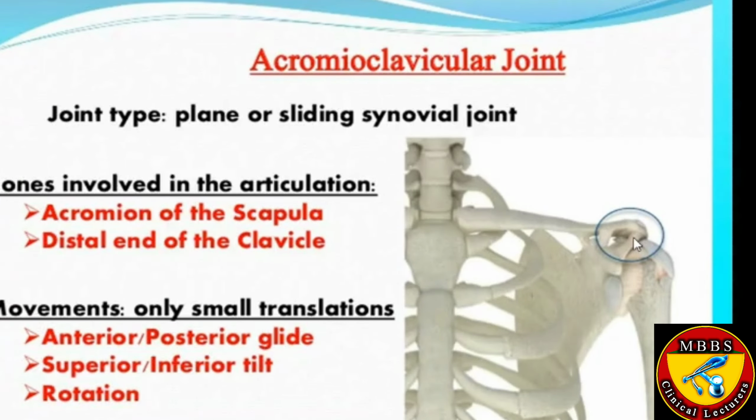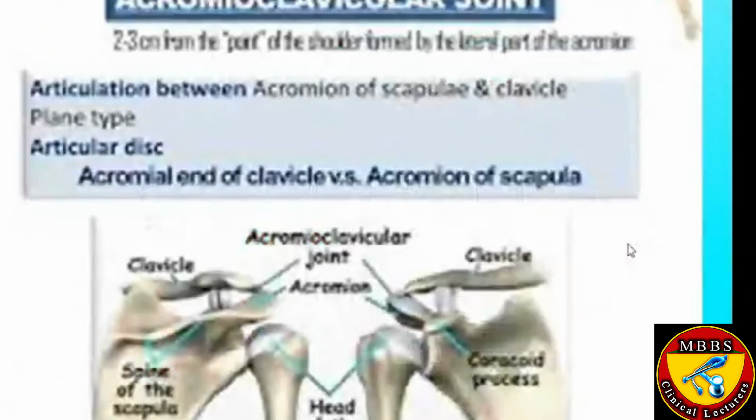The type of this joint is a plane or sliding type of synovial joint, and the articulating bones will be the acromion end of the scapula and the distal end of the clavicle. The movements will only be simple because this is a plane type of joint. So only gliding movements, that is the anterior and posterior gliding movements, the superior and inferior tilt, and the rotation will be possible at the acromioclavicular joint.